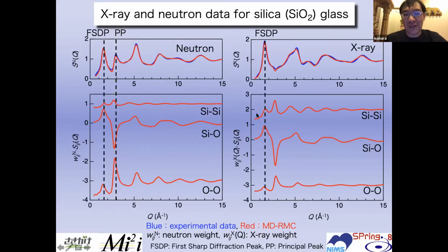So the original structure is the same, but the diffraction patterns are different. This is a very important point, and that's the reason why we combine neutron and X-ray diffraction data to study disordered materials, because information is insufficient in principle for disordered materials.